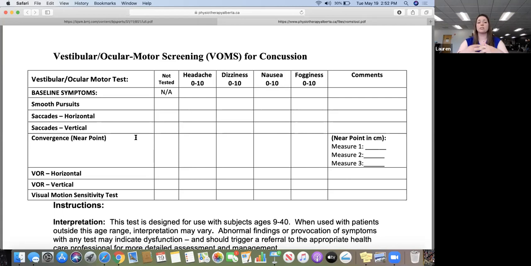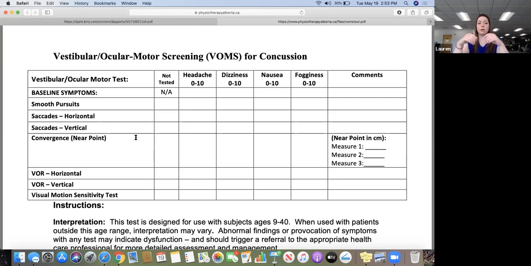The saccades, that's going to be bringing those eyes side to side, keeping the head still, for vertical and horizontal. The near point convergence, bringing a point as close to the nose as you can get it before it goes blurry or you start to see double.